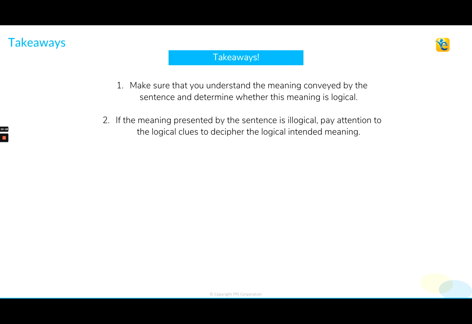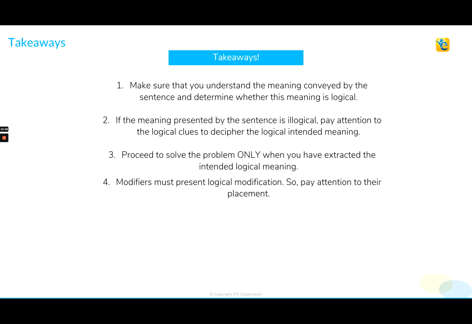But if the original sentence fails to convey logical meaning, we must spend a little more time with the original sentence and must decipher the logical meaning. And everything that we require to understand the logic of the sentence is always present in the original sentence itself. So do spend that time upfront with the original sentence. Proceed to solve the problem only when you are 100% sure of the intended logical meaning that the sentence must convey.